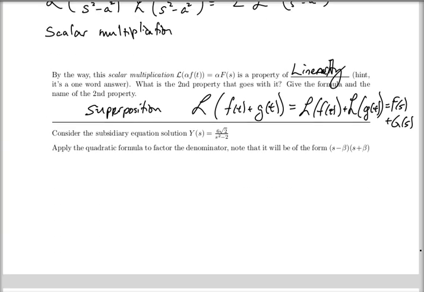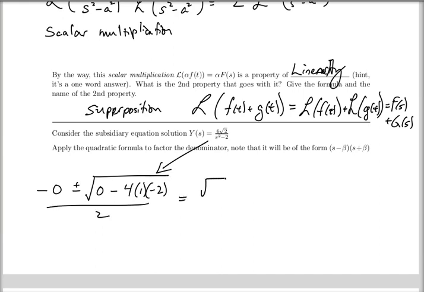All right, let's do the other one. The other one looks like we need to do the quadratic formula: minus 0 plus or minus square root of 0 minus 4 times 1 times negative 2, all over 2.